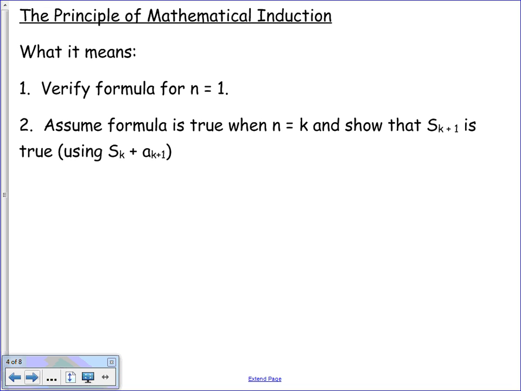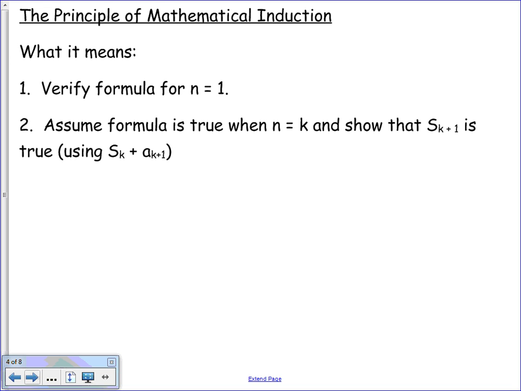So this is us proving the S sub 1, or P sub 1 in the principle of mathematical induction. Step 1 is a very easy step. You'll be provided with the formula that you're trying to prove. So all you're doing is substituting 1 into that formula and showing that it is your first term.